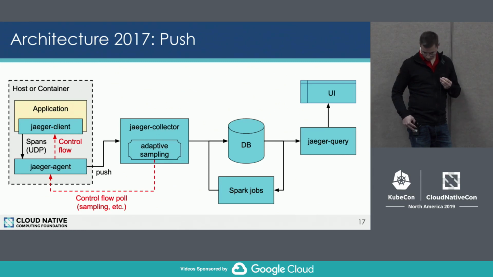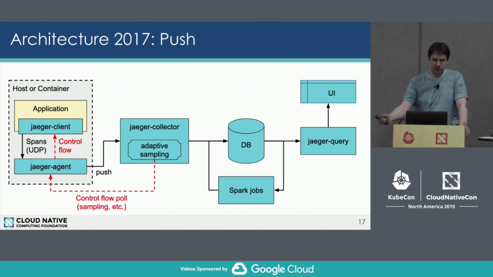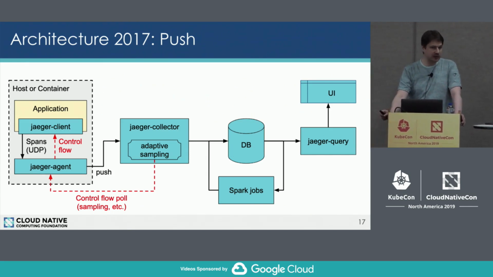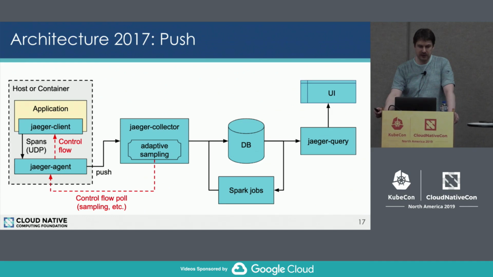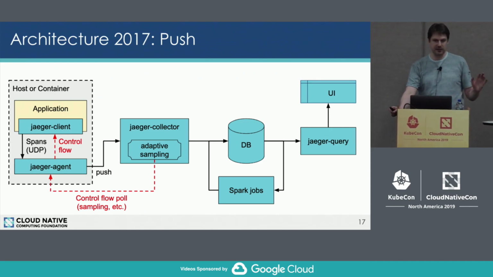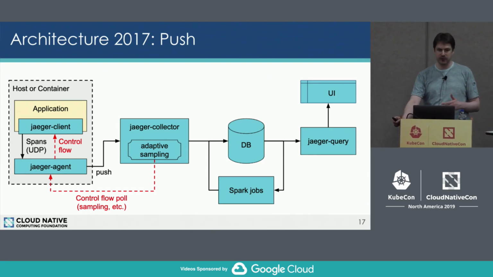I guess we didn't mention Kafka, but Jaeger is overall implemented with a push architecture, unlike Prometheus, which uses pull for the metrics. There are pros and cons to either one of them. For us, push architecture was easier because the applications need to know very little about how to locate Jaeger components in order to talk to them.